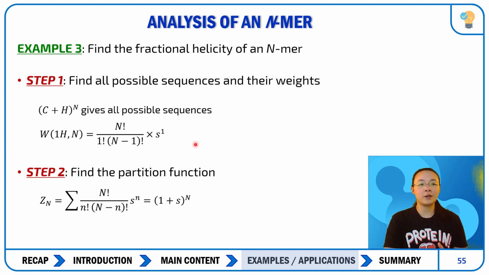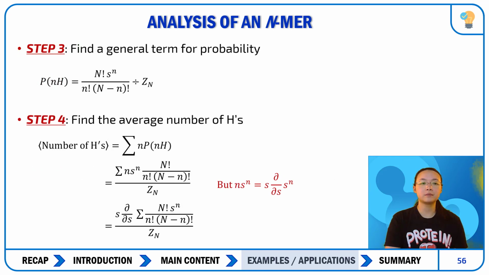After you figure that out, you can find the partition function as the next step, which ends up just being (1 + s)^n for expansion. You can then get a general term for the probability of n helical states. And then you can find the average number of H's using a summation.